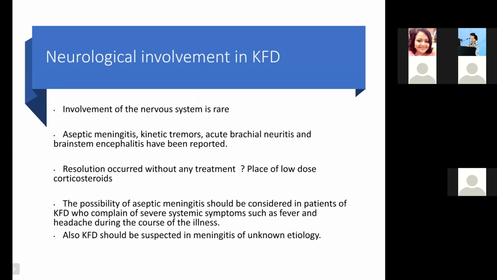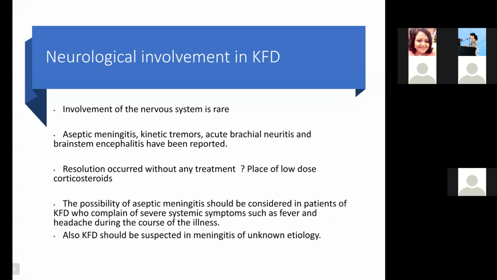The neurological involvement in Kikuchi's disease is rare. Aseptic meningitis is the most common presentation, but there are some other uncommon presentations such as acute brachial neuritis, brainstem encephalitis, and kinetic tremors.